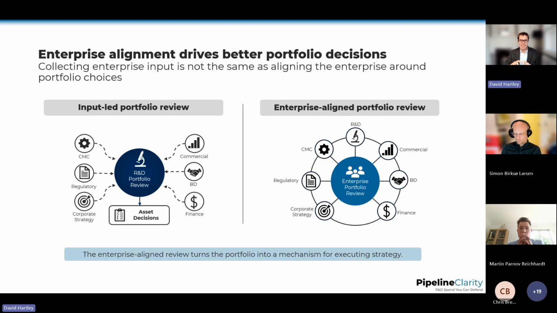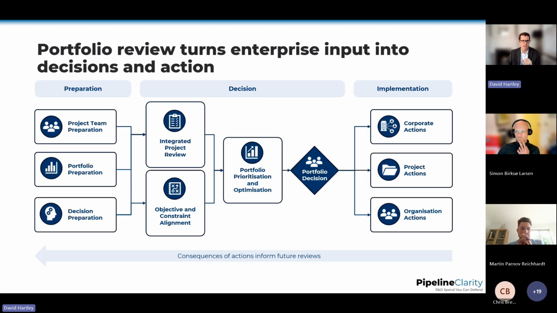Your capital is allocated appropriately across the whole value chain of the organization. Your trade-offs are made really explicit, and the decisions that are made are aligned across functions and time horizons in a way that they can be meaningfully executed. And so ensuring that you've got that alignment is critical for turning the portfolio review into that mechanism for executing strategy that we want to have.